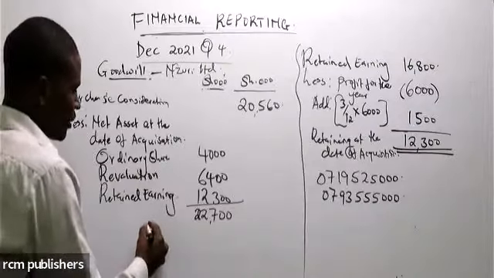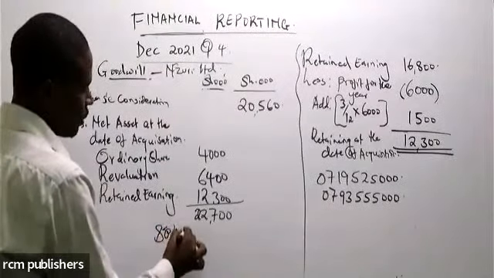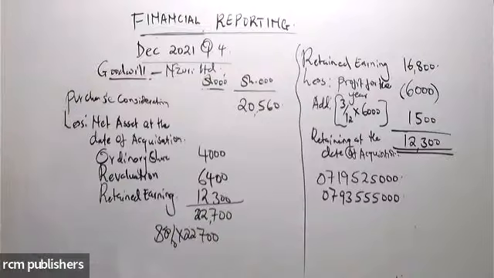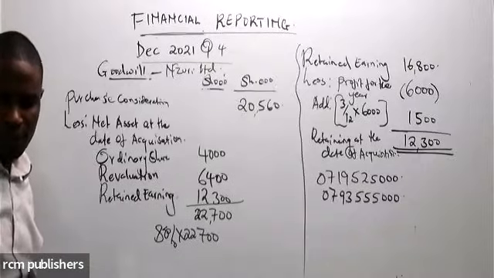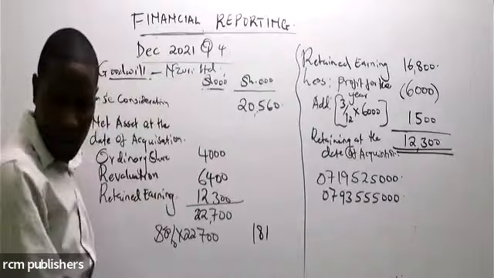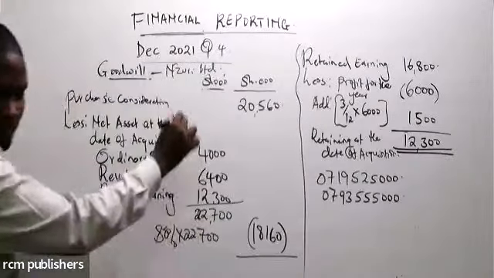So we find 80% of 22,700. What is 80% of 22,700? 18,160, and that is what we are left with to get now.